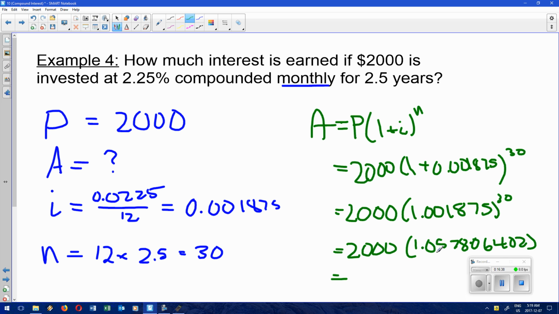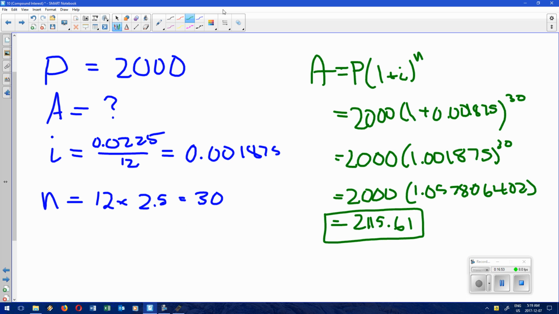Okay, and finally just take that number and multiply it by 2,000. And I get 2,115.61 when I round it off. So that's the final amount of my investment.